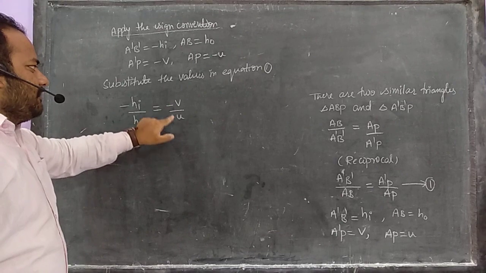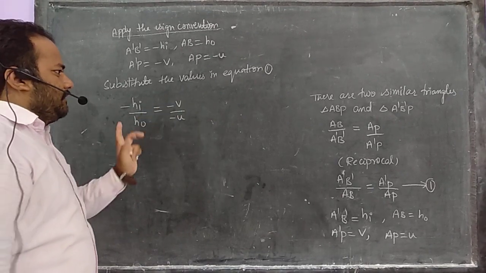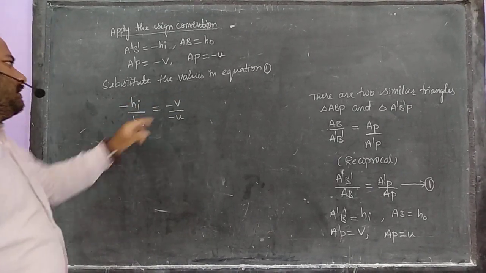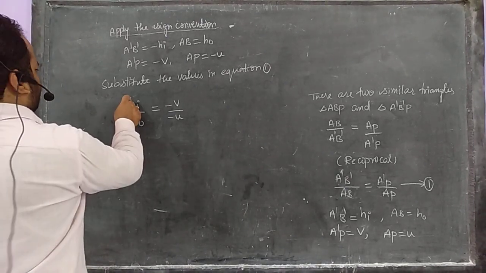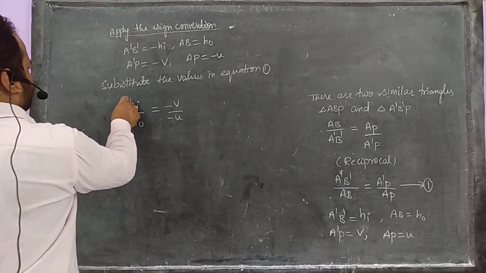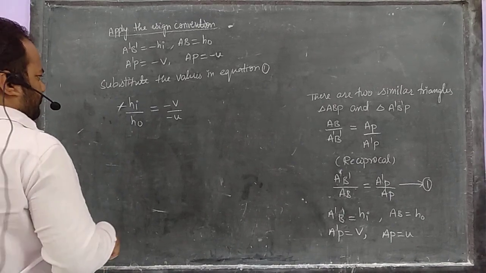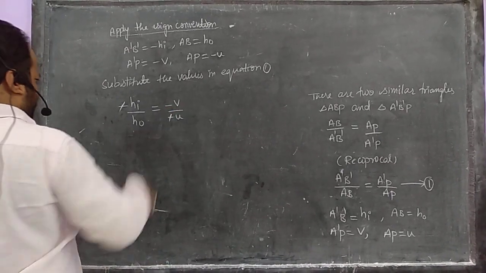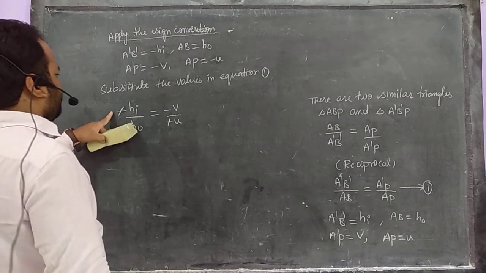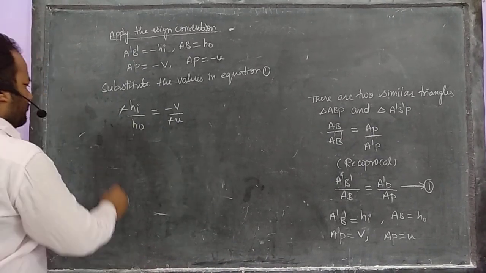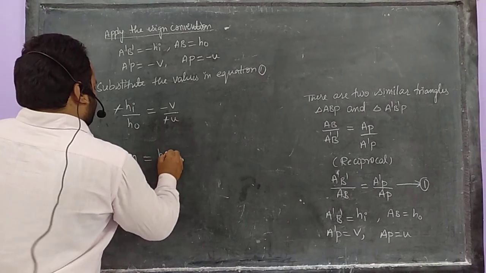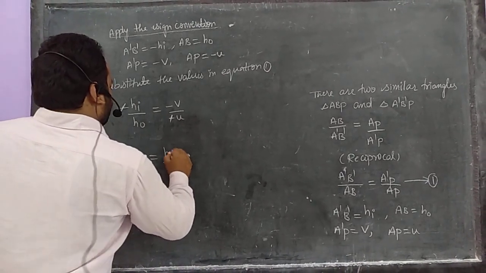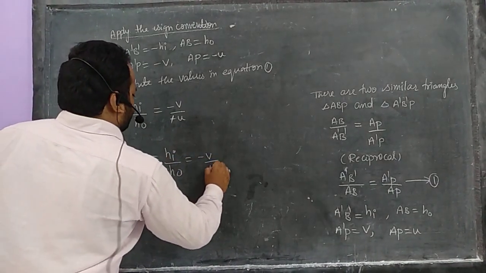U, V, F, R, every term here is negative only. We already discussed this in the previous class. So this minus of the height of the image and this minus of the object distance get cancelled, numerator and denominator minus signs cancelled. Therefore, m is equal to magnification, HI by HO is equal to minus V by U.